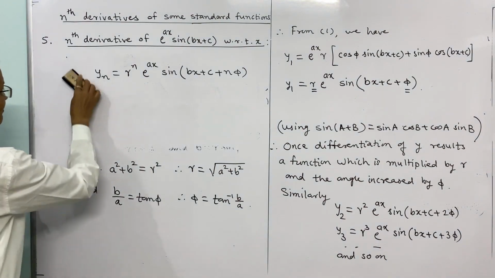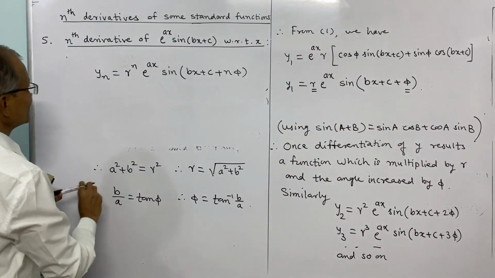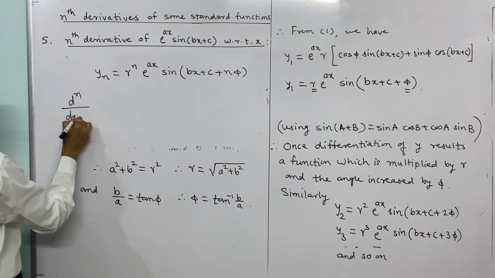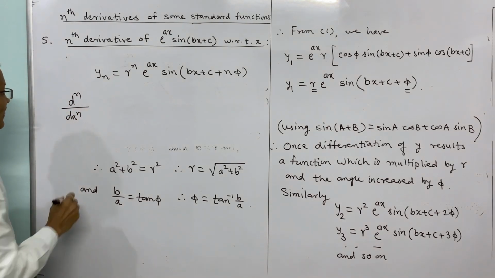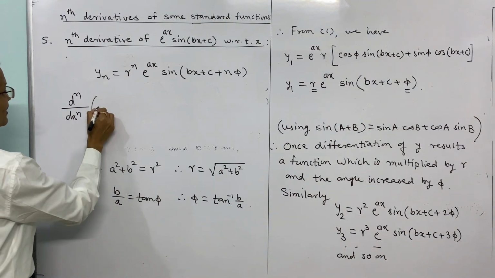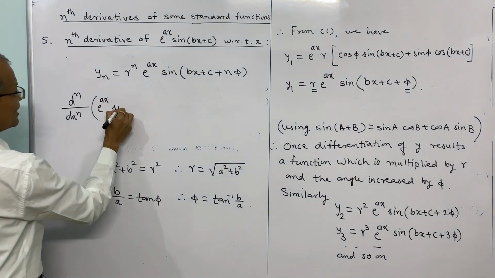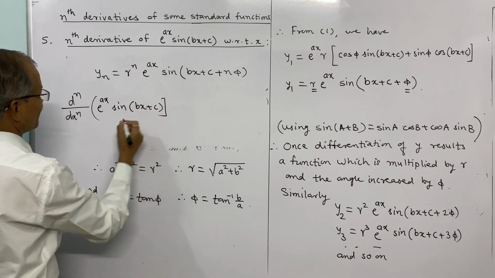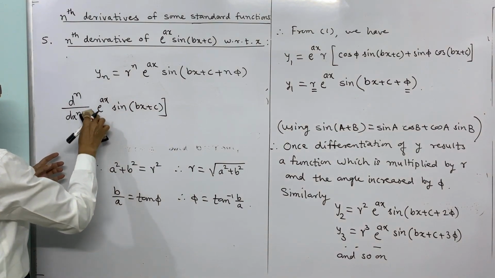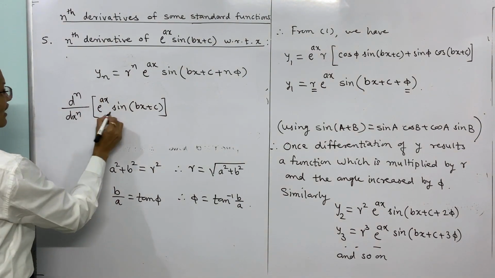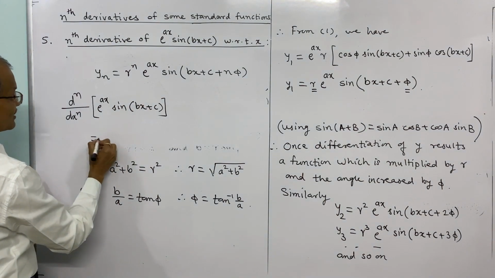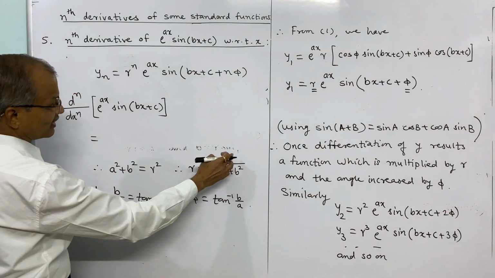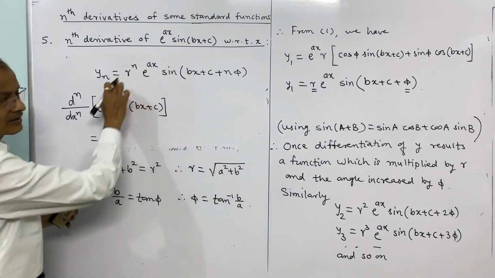So this is the nth derivative: d^n by dx^n of e to the power ax sin of bx plus c. This is y, and its nth derivative is on the right side, and I shall write r here. R is the root of this. We may write root, or we may write the power as 1/2, raised to n.